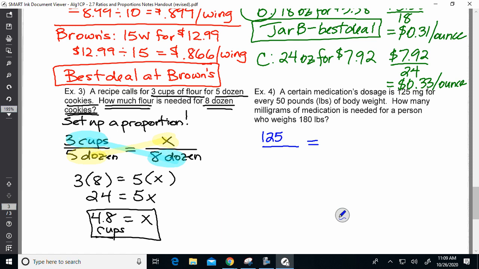That's fine. So again, the first fraction, you get the freedom of setting it up however you want. But now that means mg has to stay at the top and pounds have to stay at the bottom. How many milligrams, so that's x, because I don't know it, is needed for a person who weighs 180 pounds? There's your setup.